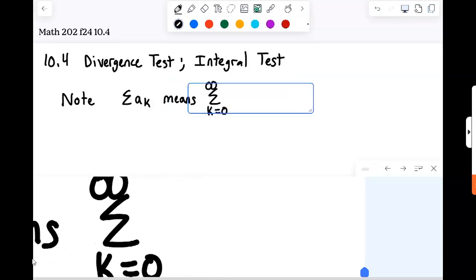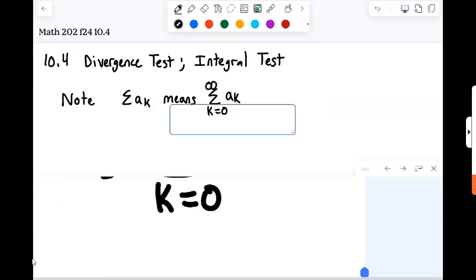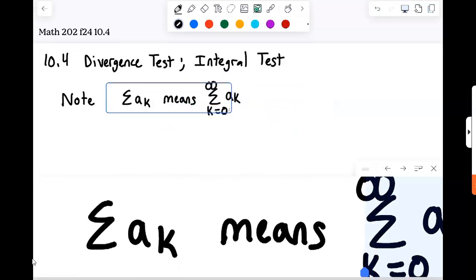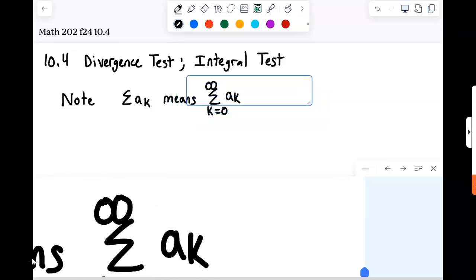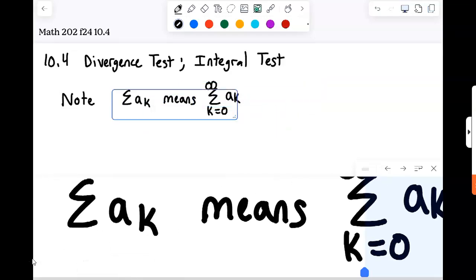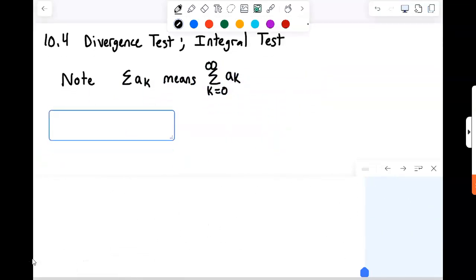Some will start at a different value than 0, of the a_k, right? It's an infinite series. So we use the notation here, the sum of the a_k without any indexes on it at all, to indicate the infinite series. And that's just a convenience thing, so we don't have to keep writing k equals 0 to infinity. With that in mind, we can now state the divergence test.